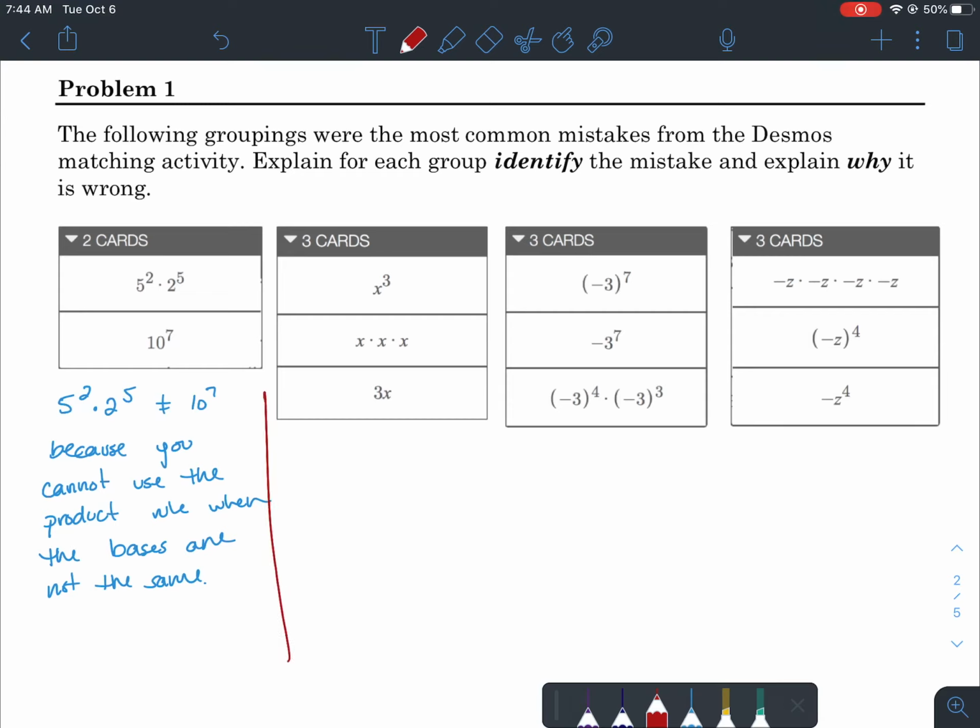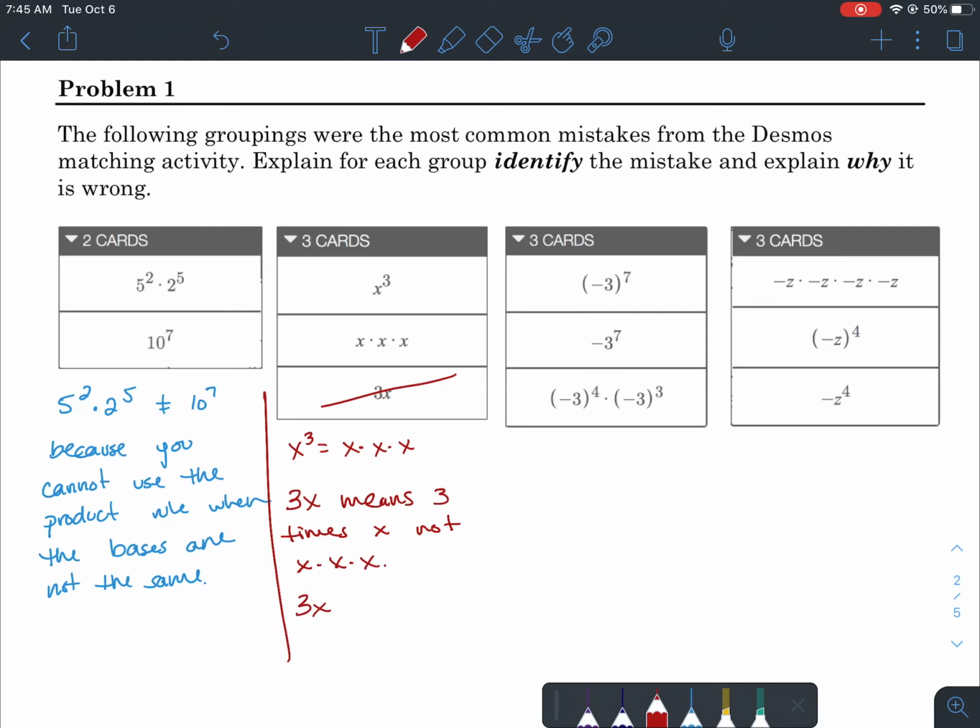One of these does not belong, and it is the 3x. x to the 3rd does equal x times x times x. But 3x means 3 times x, not x times x times x.